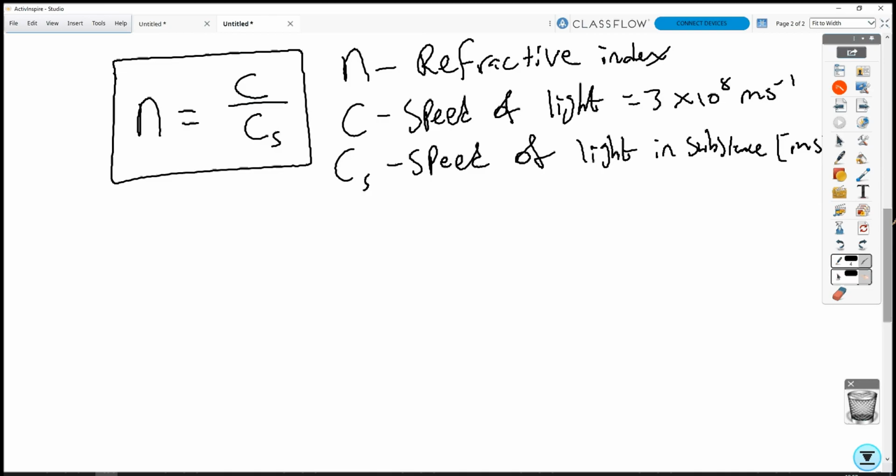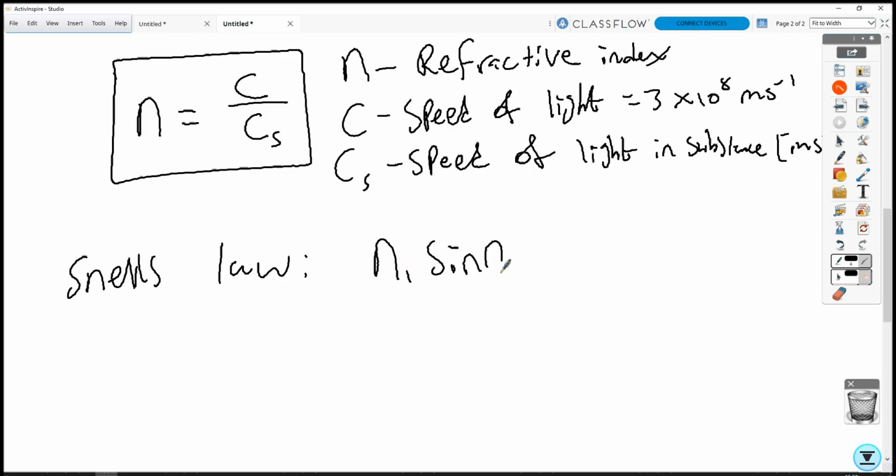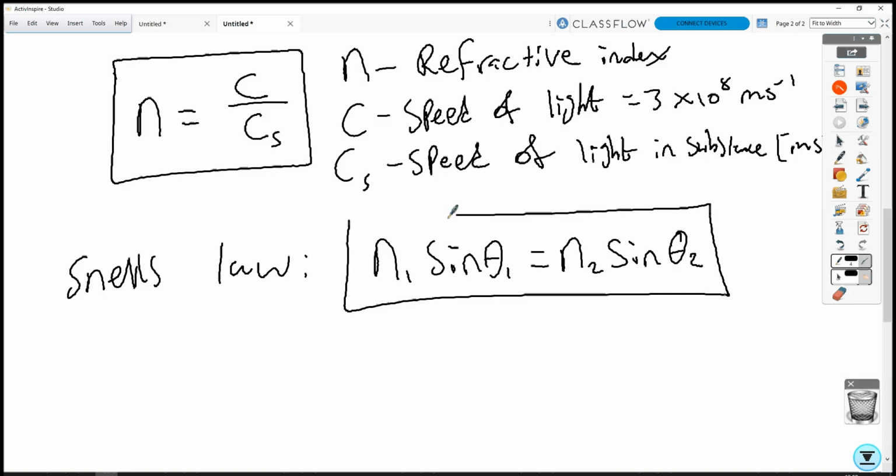And so we can talk about Snell's law, which is that n1 sine theta 1 is equal to n2 sine theta 2. That's when light is traveling from one material to another, or one medium to another.